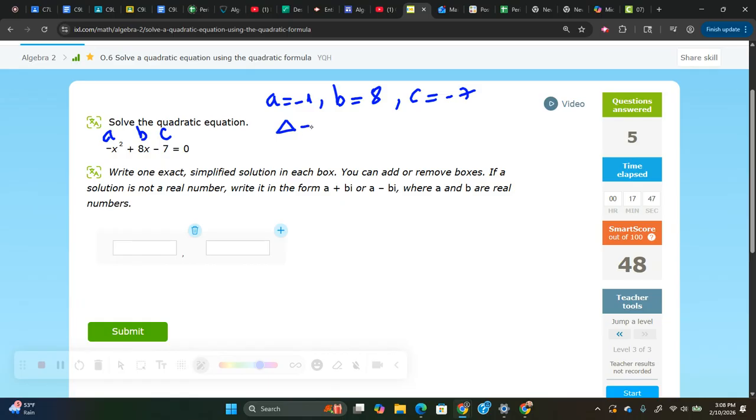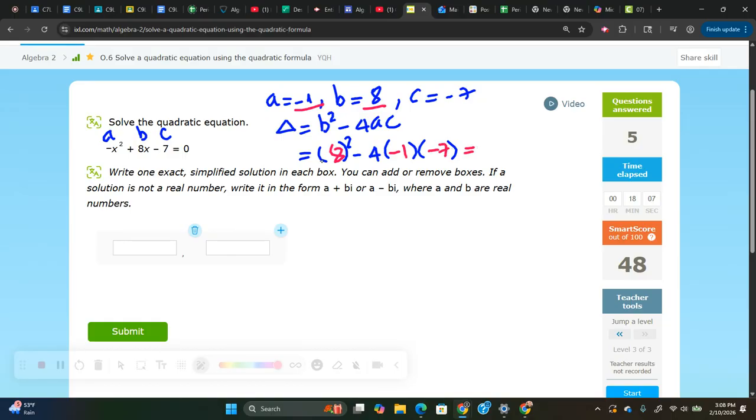Delta is b squared subtract 4ac. All right, let's put it in. B squared subtract 4ac. Let's find the b. B is number 8, so I put right here. A is negative 1. C is negative 7.